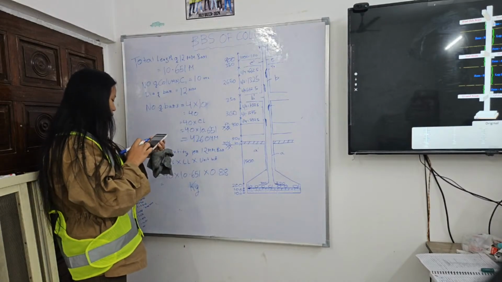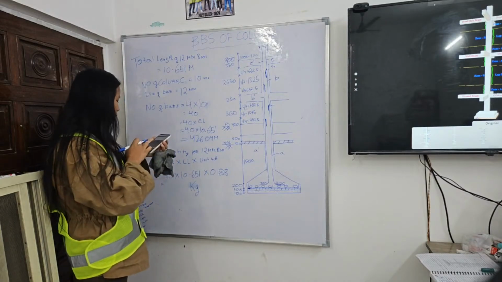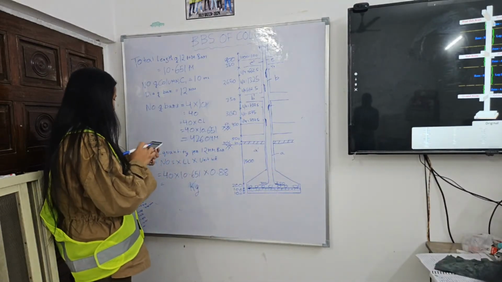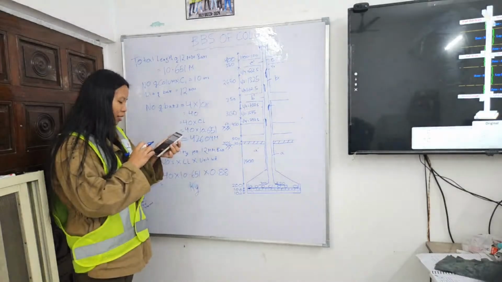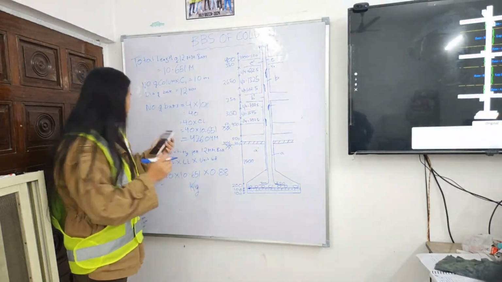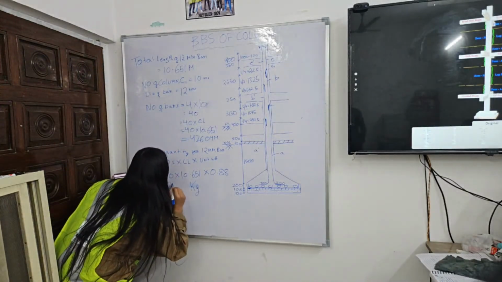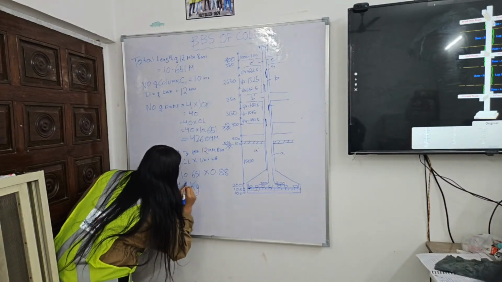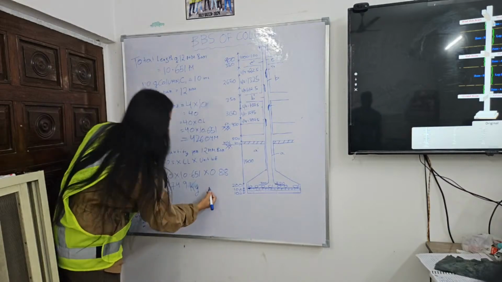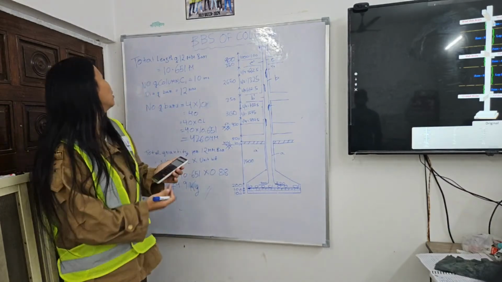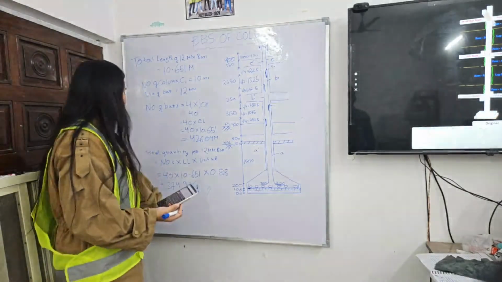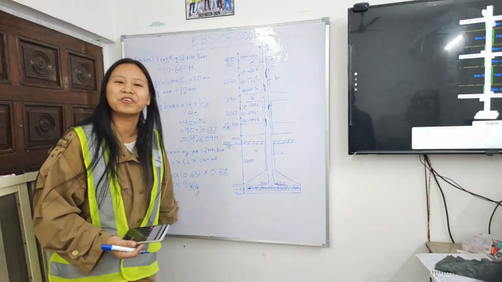So 40 into 10.651 into unit weight 0.88 is 374.9 kgs. We have this much 12 mm bar quantity. Yeah, that is all for today. Thank you.